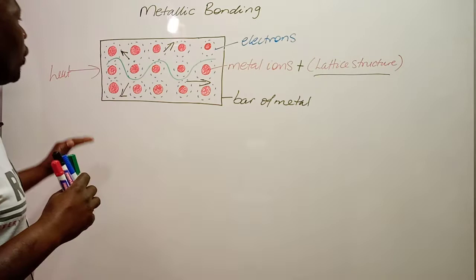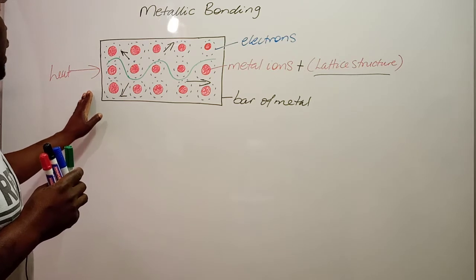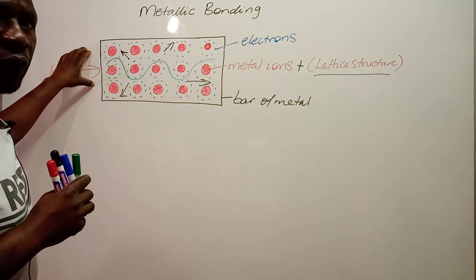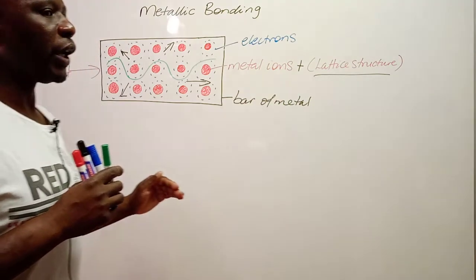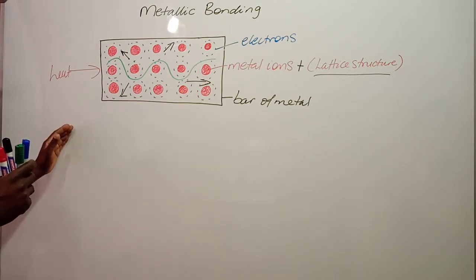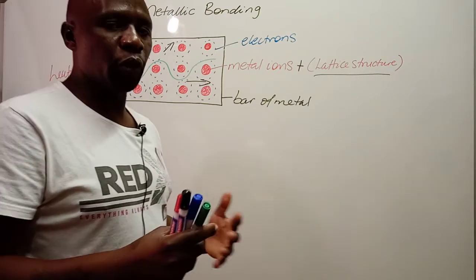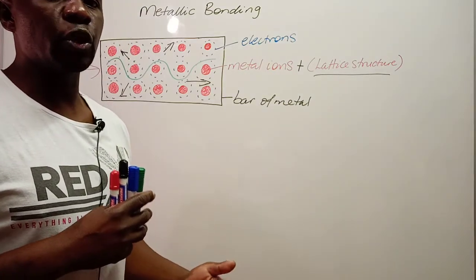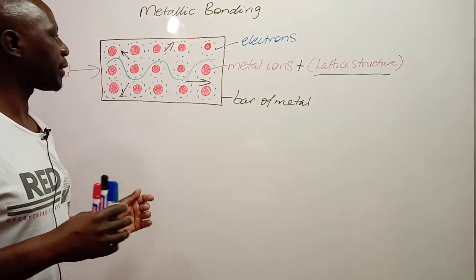Now, the only way away from the heat, or the only way out of the heat, is a movement from the region of high concentration, which is the source of the heat, to the region of low concentration. So in other words, a process of heat transfer will occur. It is more like the movement in diffusion, where particles move from the region of high concentration to the region of low concentration until an equilibrium is struck.